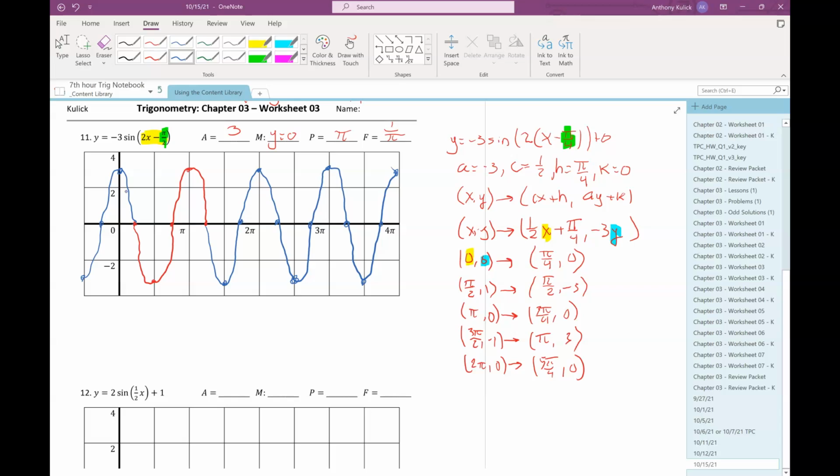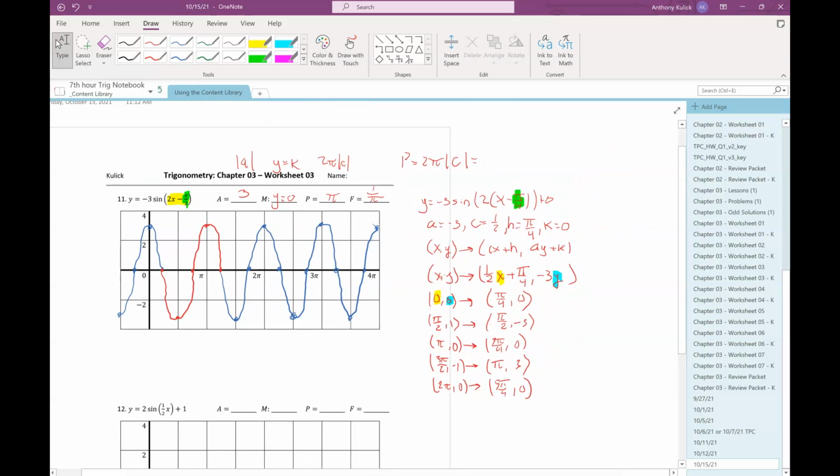John, go ahead. Okay, this is a general question. So for P, like you said, it's 2 pi times the absolute value of C, right? And then from there, once you figure out all your little points, you do that x equals CX plus H, and then y equals AY plus K. And so what you're plugging into the C and the H and the A and the Y's are like the C, A, those values, right? Correct. Not the A, M, P, F. Correct.